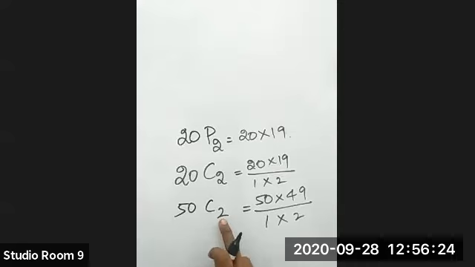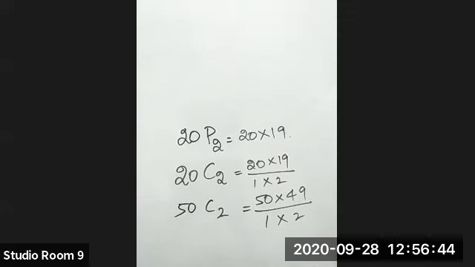Why are we writing it as 1 into 2? Here it is 2. So from the first number onwards, you write 2 numbers. N factorial by R factorial, here R is 2, so it is 2 factorial, 1 into 2. So if it was 3, it won't be simply 3. It will be 1 into 2 into 3.